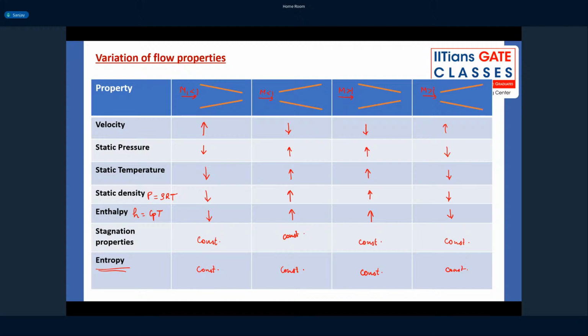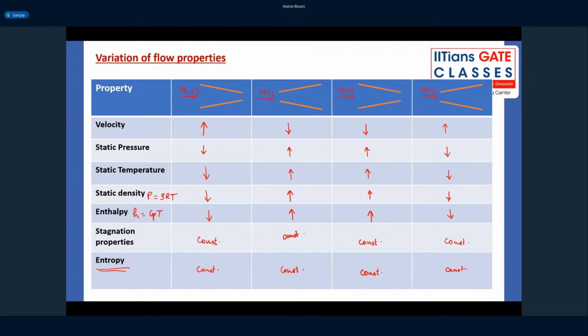That is from the second law of thermodynamics, which says the total entropy is always increasing or constant. Okay, so yeah. So now I hope you understood how the properties change in a duct.